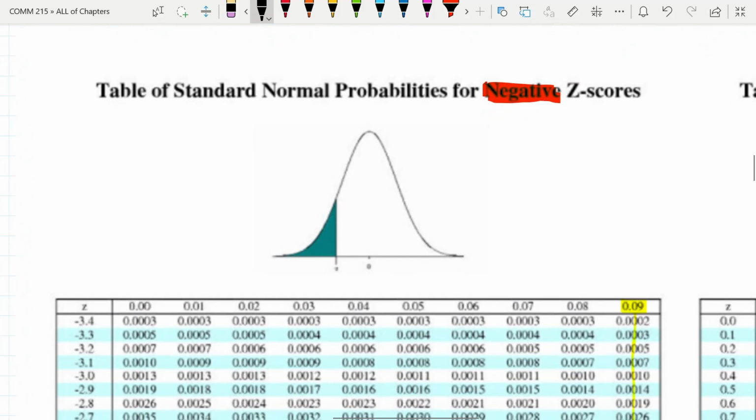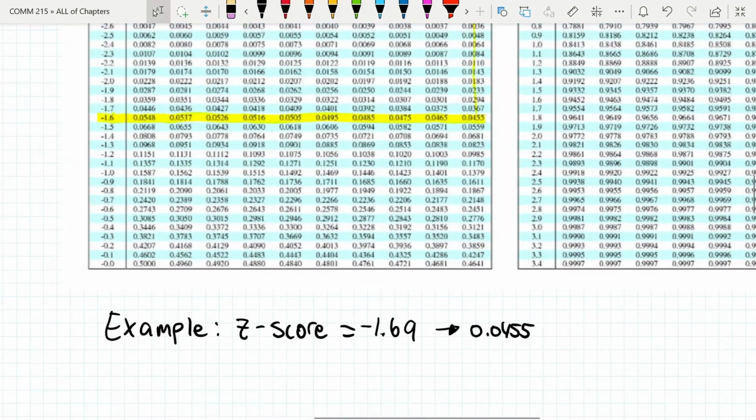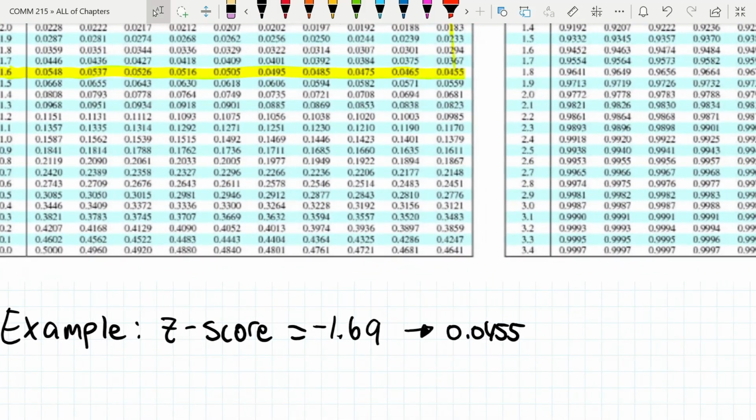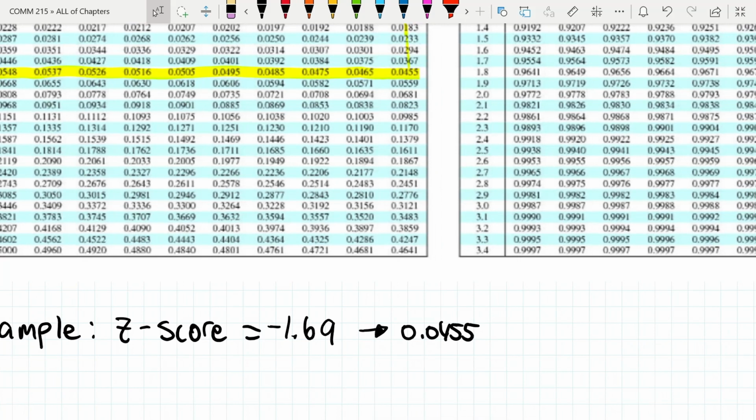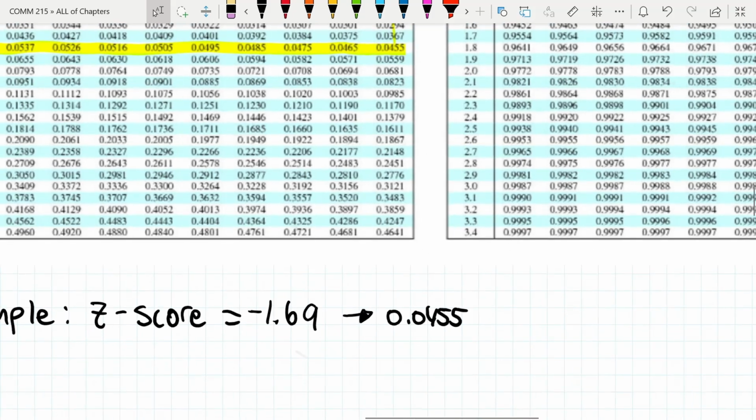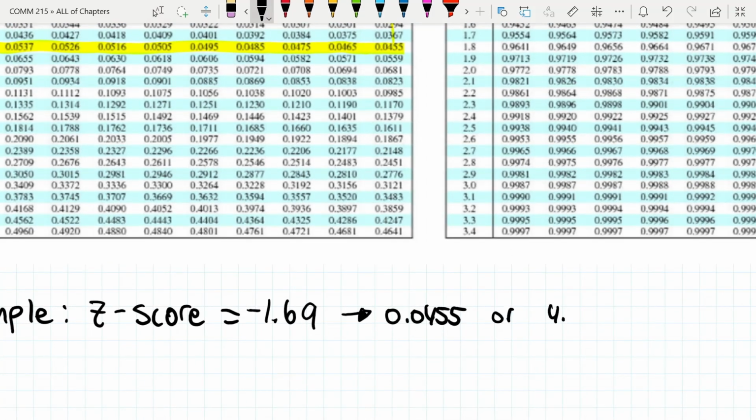Let's say this line over here is negative 1.69, since it's to the left of the mean. That means the area in blue to the left of that is 0.0455, or it could be a percentage. 0.0455 times 100 would be 4.55%.